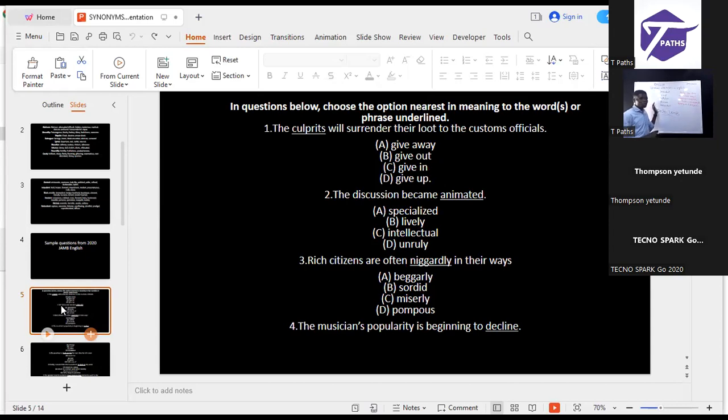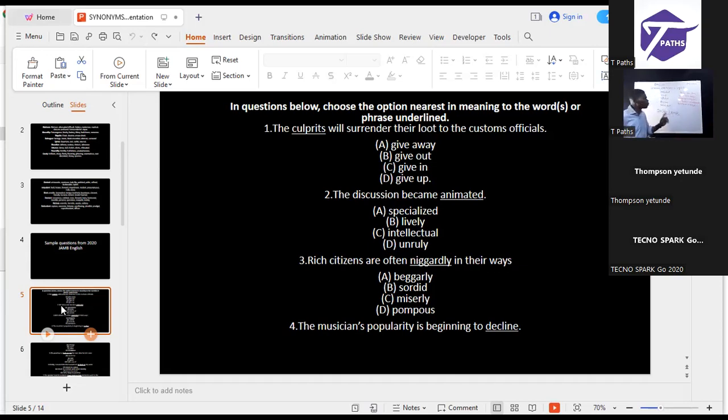The use of English, where synonym was asked in that exam, says: in the questions below, choose the option nearest in meaning. Nearest in meaning. You will always see this question appear. There is nobody who is going to write JAM 2024 that will not see the type of question we are treating today. All right. Nearest in meaning.